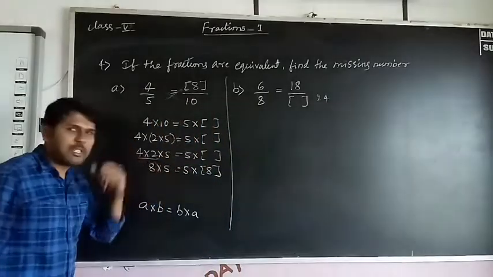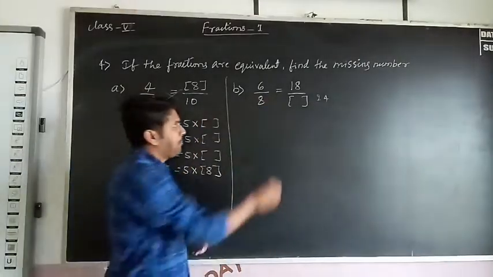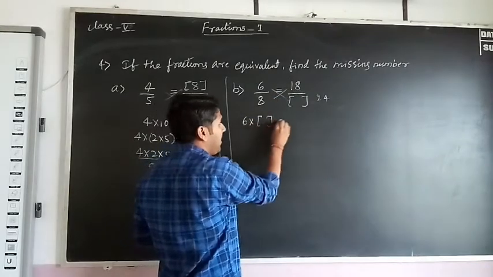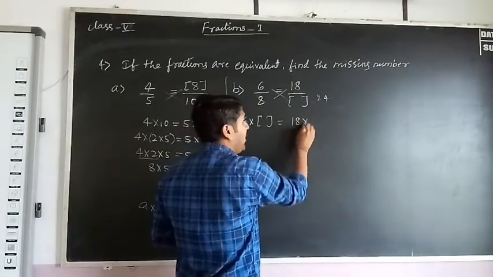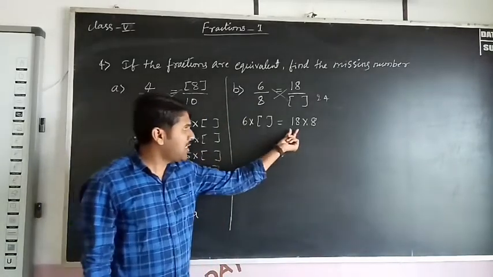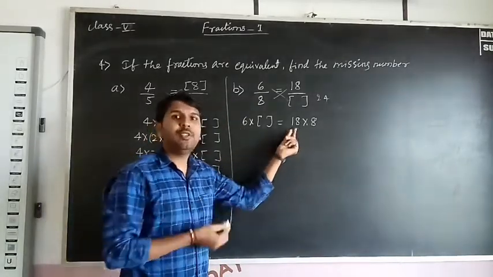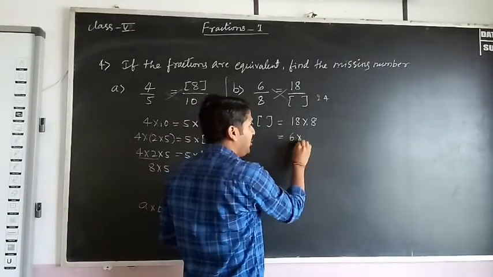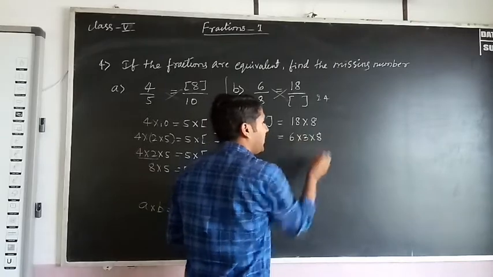So by using this method, solve this one. Cross multiply. 6 into the bracket. Next, 18 into 8. So you want 6, isn't it? So first convert this 18 as 6 into which number? 6 3s. So 6 into 3 into 8.